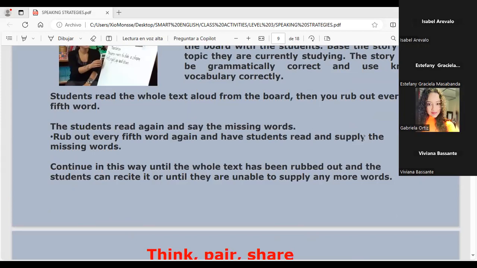Gabriela, which exercise do you like the most? Which dynamic? Which dynamic do you like the most? Gabriela or Stephanie?